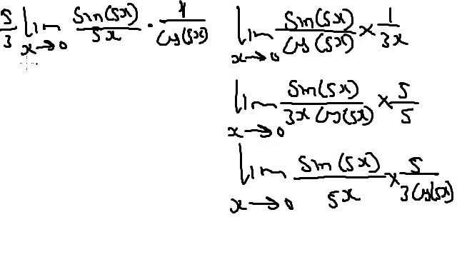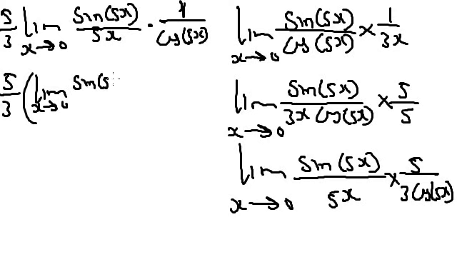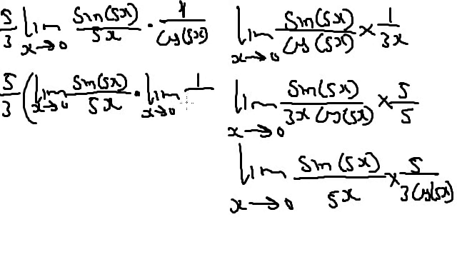Now we can distribute the limits. We can now have 5 by 3, the limit as x approaches 0 of sine 5x divided by 5x, multiplied by the limit of 1 by cosine 5x. I hope you can visualize that.